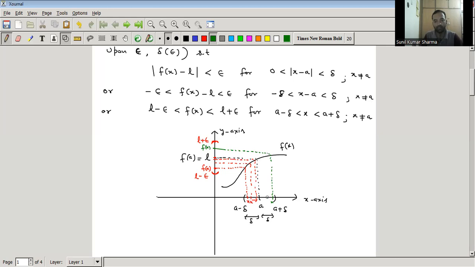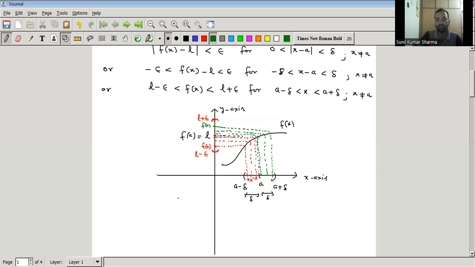If I take x here, f(x) comes closer to L. So as x comes closer to a, what is my f(x)? f(x) comes closer to L. So from both sides, left hand side as well as right hand side, as x goes to a, f(x) goes to L. It means we can say f(x) has a limit.